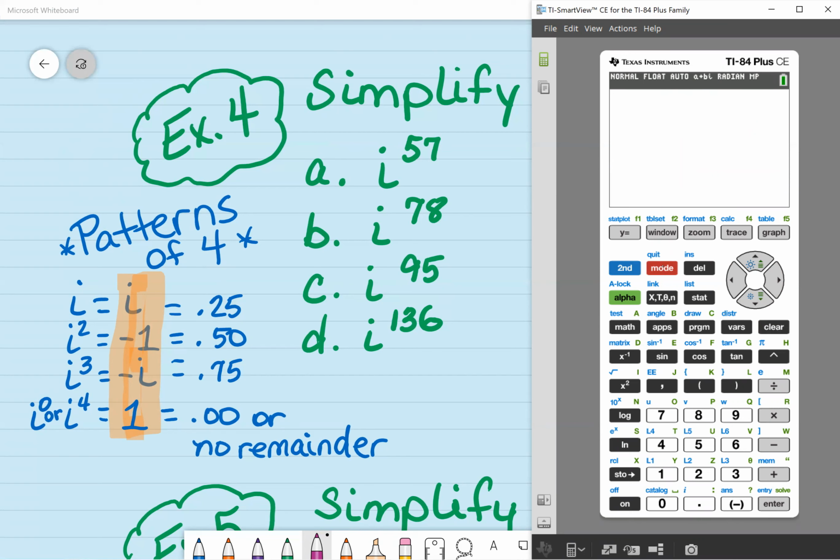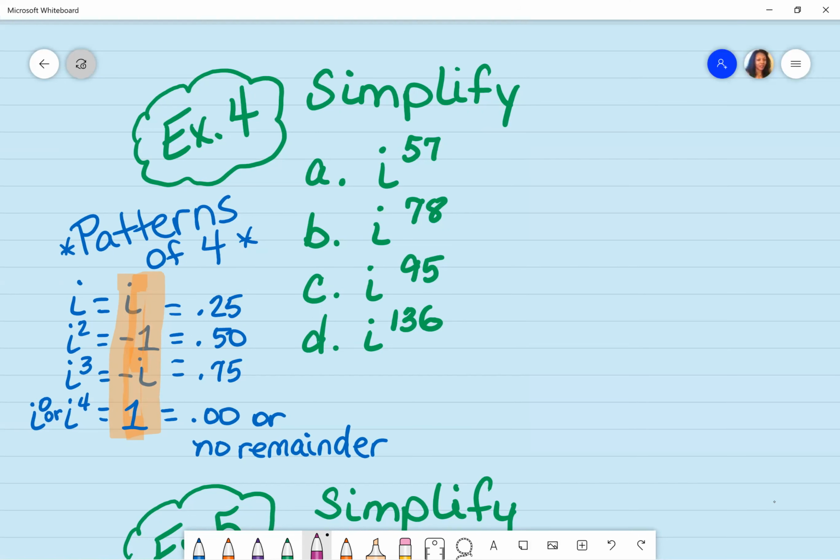And now if I'm trying to find my i, I go to second and then the decimal, that's going to give me i, but I want the exponent. So I'm going to use the little caret symbol below clear and type in 57. This calculator tells you the answer, which is i. Some calculators will have like a big E, and you'll see this on part D, you'll see what I'm talking about. All right, so this answer is simply i.